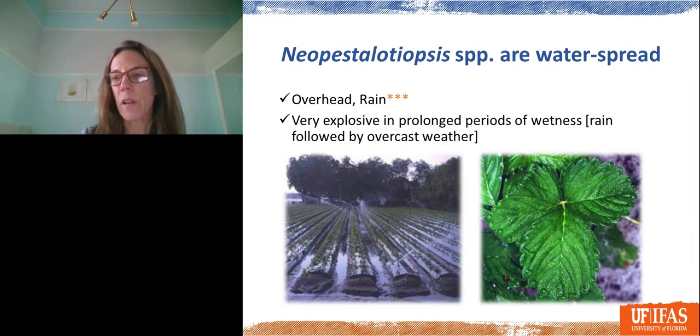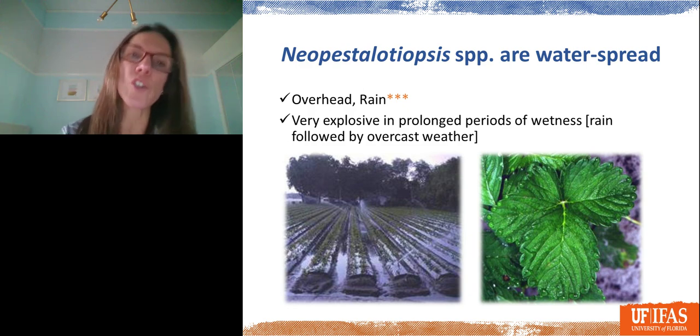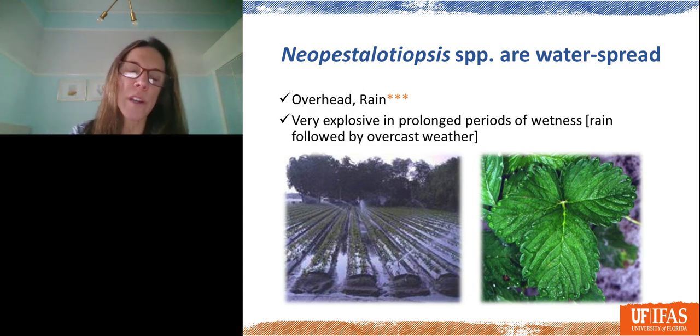So a little bit about the spread. The disease is usually spread by water. This group of fungus is spread by water, which we give plenty of at the beginning of the season when we're trying to establish the plants with overhead irrigation, as well as rain, and it's been particularly bad when we had the hurricane type of storms in Florida.